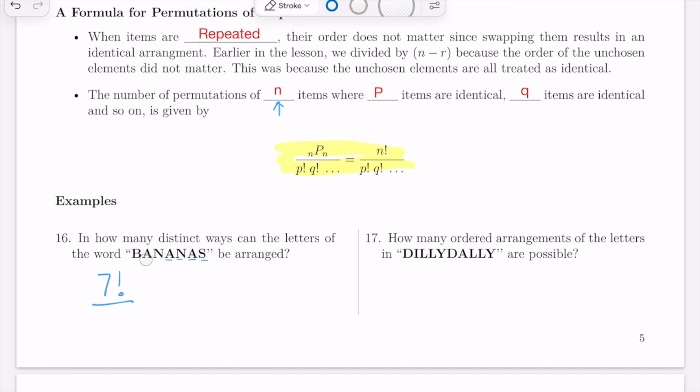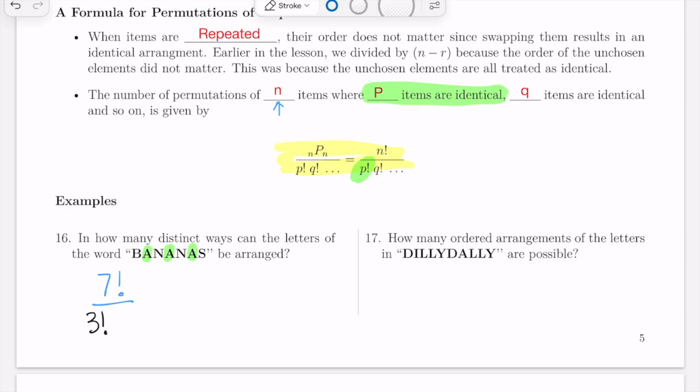The next thing I'm going to do is it says where p items are identical, it looks like I have p factorial on the bottom. So I have an A, an A, and an A. Those are all identical. So I'll put 3 factorial on the bottom.